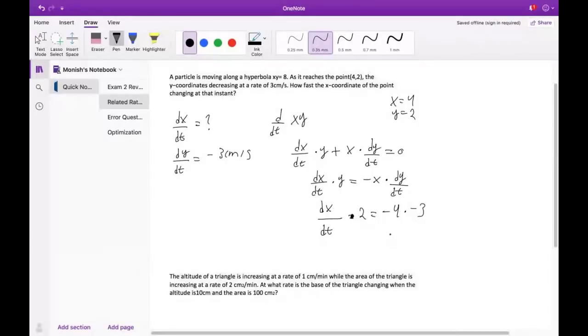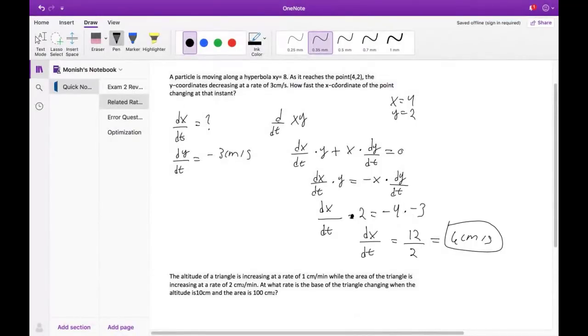Now you have everything you need to solve for dx over dt. So now we know that dx over dt is equal to 12 over 2, which is equal to 6 centimeters per second. So does that example make sense to everybody?